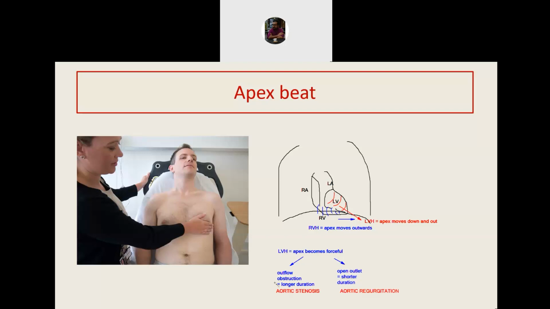So what happens when the durations vary? In aortic stenosis, the duration will be long because it's taking longer time for the blood to come out. So it will be forceful and well sustained. And the other name for this is a heaving apex.